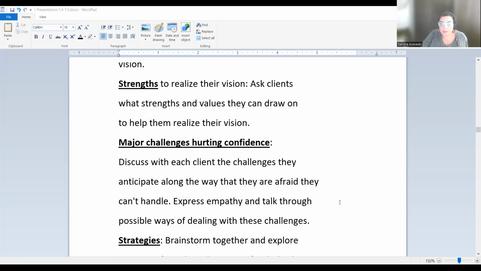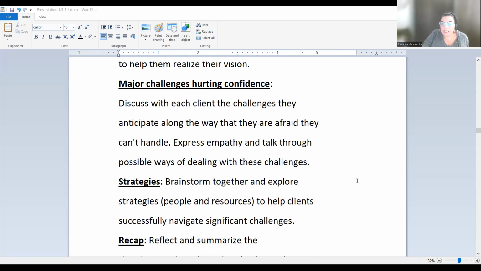Strengths: to realize their vision, ask clients what strengths and values they can draw on. Major challenges hurting confidence: discuss with each client the challenges they anticipate along the way that they are afraid they can't handle. Express empathy and talk through possible ways of dealing with these challenges.